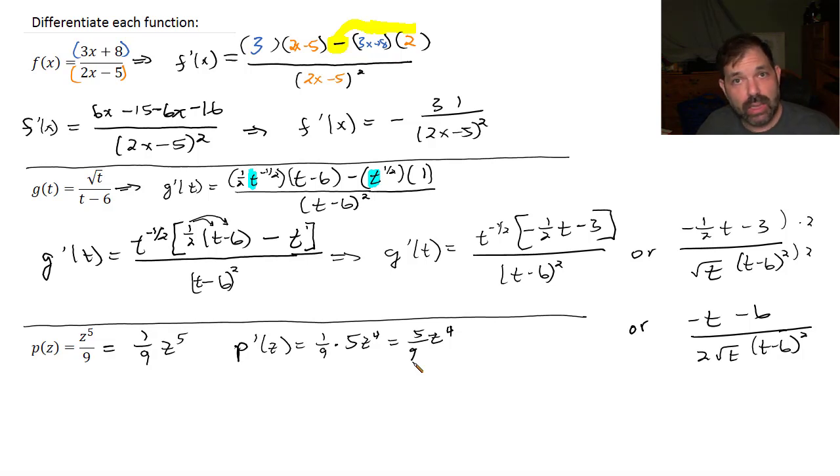Now, if you did apply the quotient rule, you should have gotten the same expression. Let's see that.